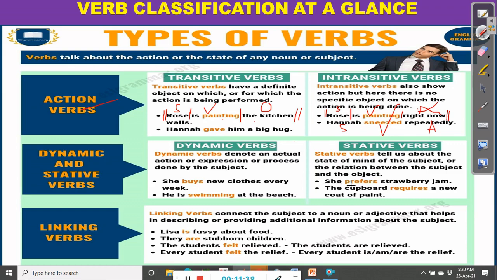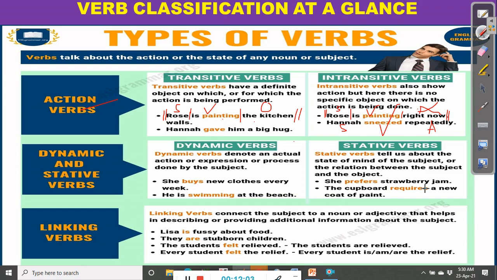Now, the first example of stative verbs here is prefer. She prefers strawberry. It would be wrong to say she is preferring. No, prefer doesn't have a progressive. All right, it's something that expresses a mental state.